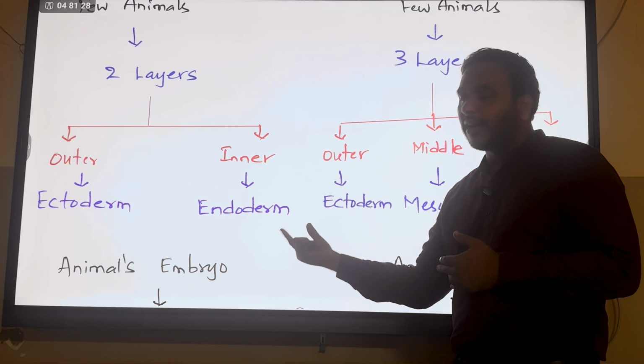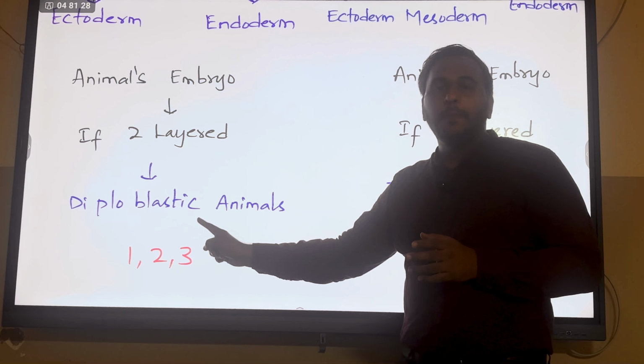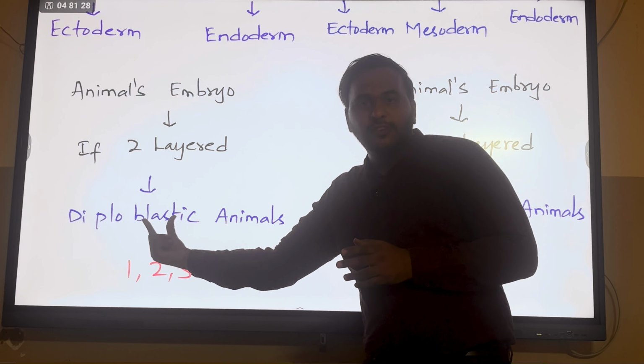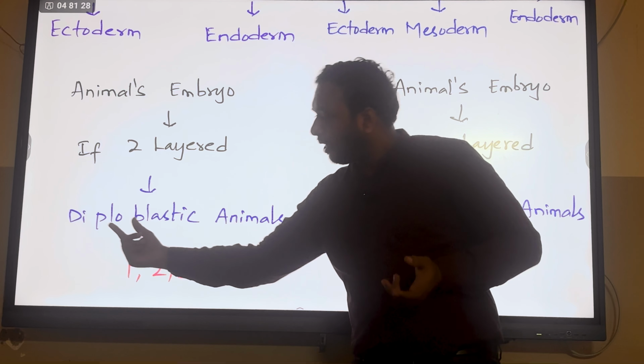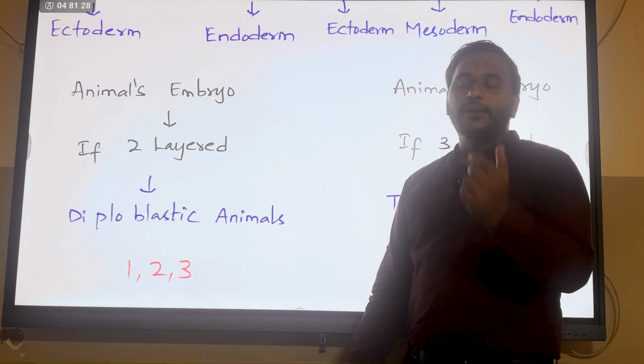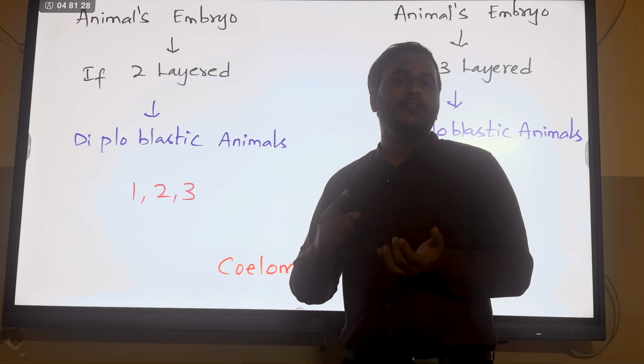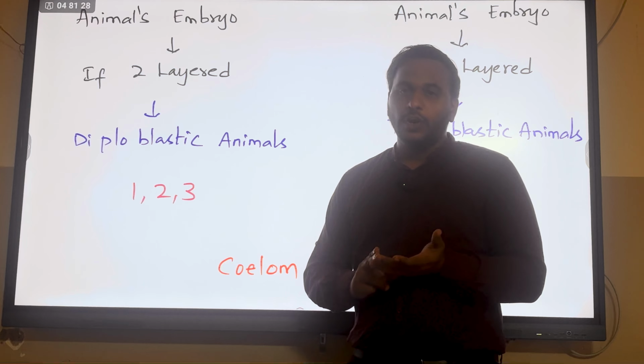So outer layer, inner layer. If the animal's embryo is only two layered, we call it diploblastic animals. Blastic means embryo, di means two. That means two layers of embryo, ectoderm and endoderm. So these phyla are 1, 2, 3. That means Porifera, Coelenterata, Ctenophora.